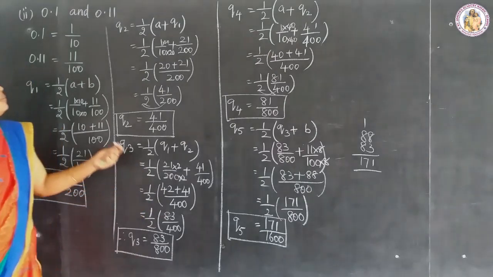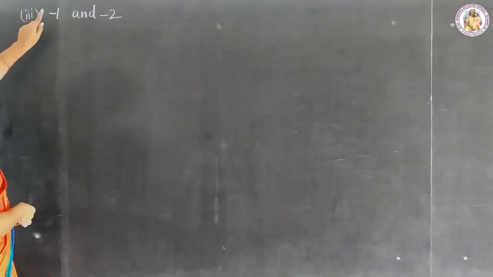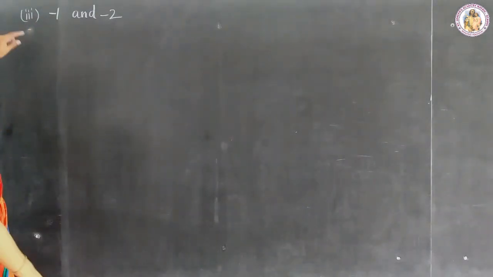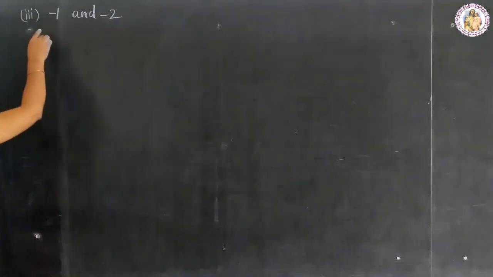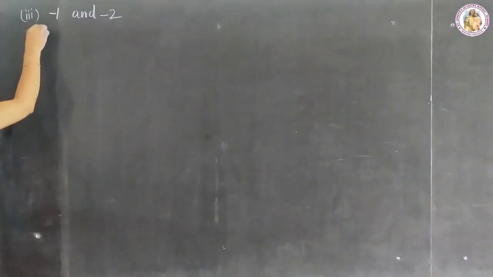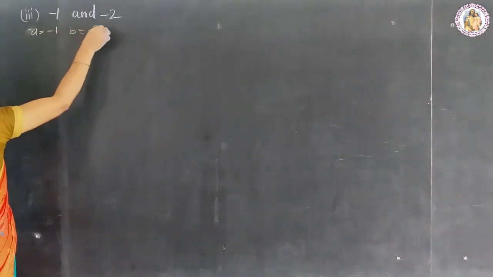So we have found 5 rational numbers between 1 by 10 and 11 by 100. Question number 3. Find the rational numbers between -1 and -2. So take A is equal to -1 and B is equal to -2.